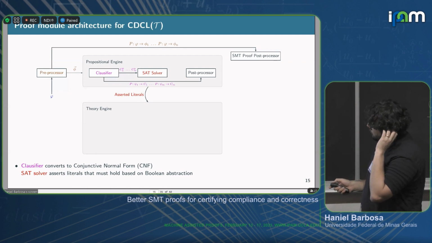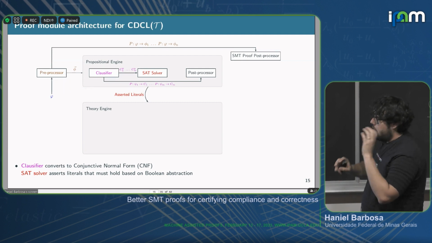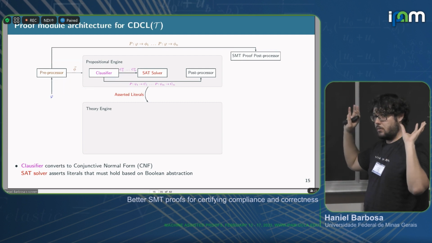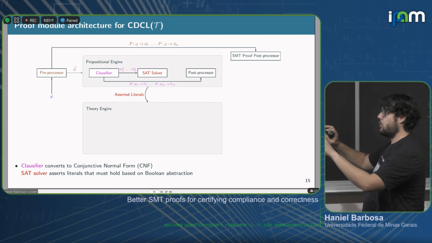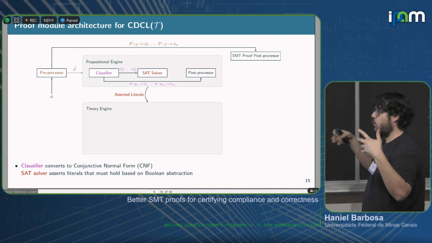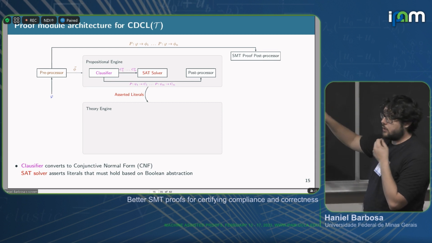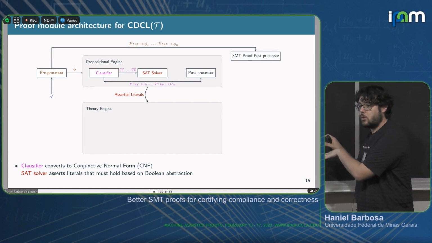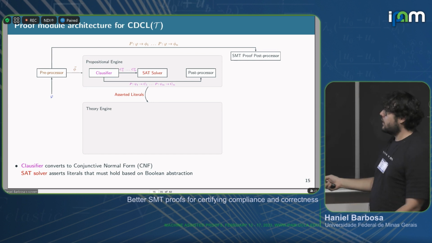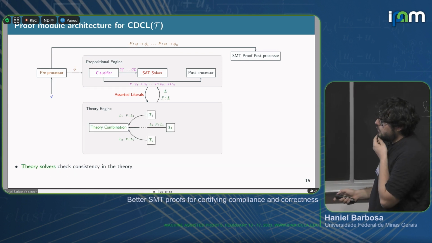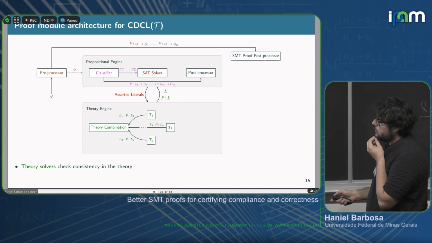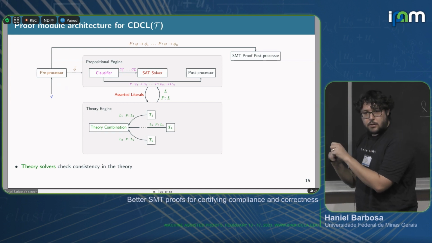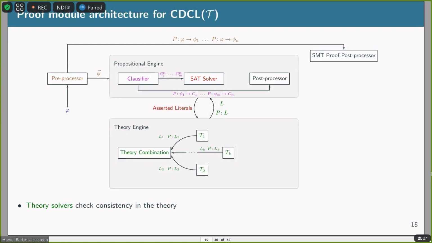So what the propositional part says is, I have all these literals in my formula, and some of them must be true such that the whole formula is true. The question then becomes, propositionally speaking, are the theories okay with all these things being true simultaneously? They may not be. So what happens in the theory engine is that each one of the theories reasons a bit about its specific literals, and you combine the reasoning that they establish in the end.